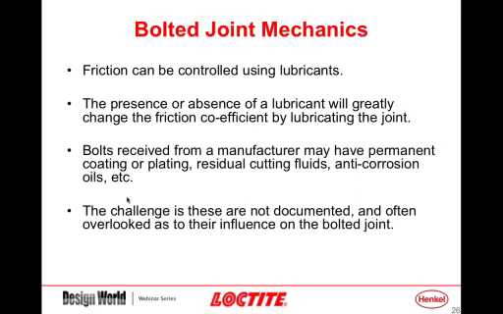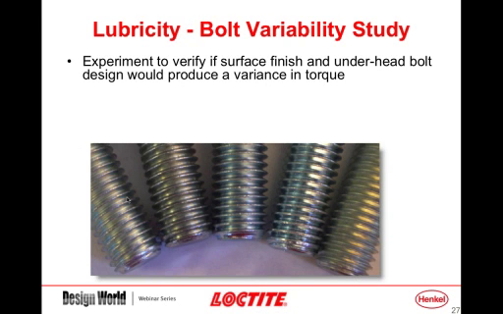The first test that we did was actually very straightforward. What we wanted to do is get a selection of fasteners from various manufacturers and test to see how much variation there was in clamp load just assembling them using torque specs straight out of the manual for these fasteners.